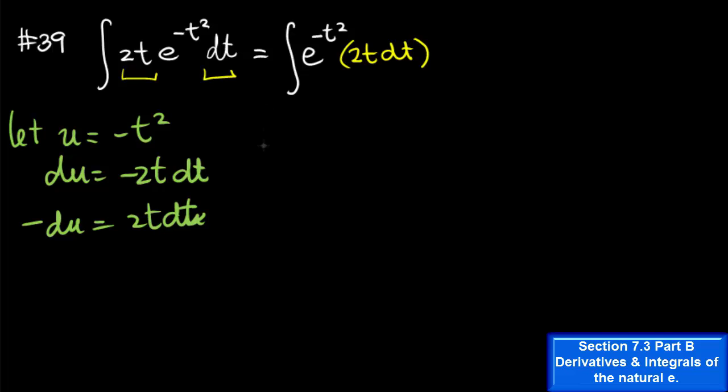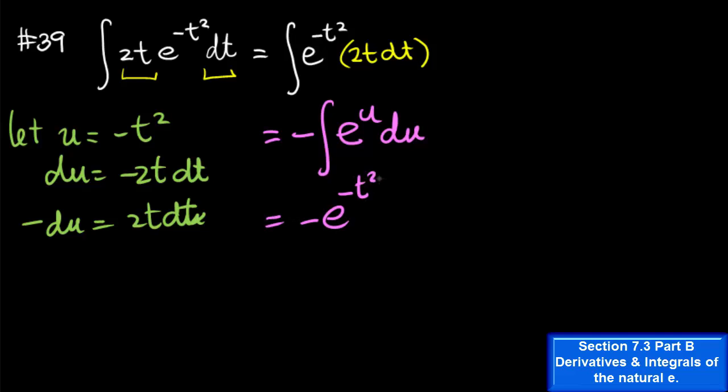I'll put the negative out here. So there's your negative, and then we have e to what? There's your u, and here's your 2t dt, which is your negative du. There's that negative in the front. So we have a minus e to the minus t squared plus a constant.